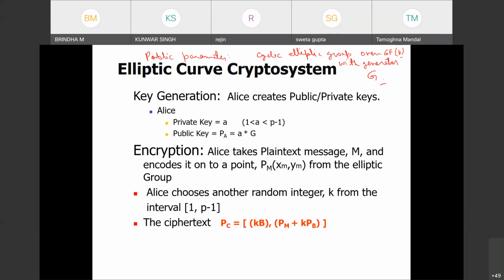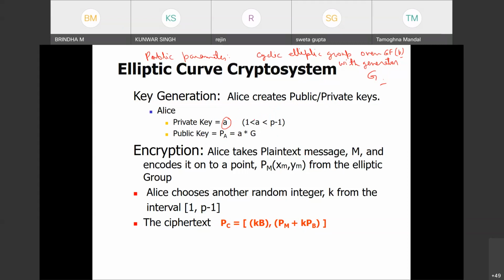Now the users can create the keys, private key and public key. If you want to be part of ECC, you choose your private key and corresponding public key. You choose any number A between 1 and p minus 1. That will be your private key. If you choose 5, then 5 will be your private key.